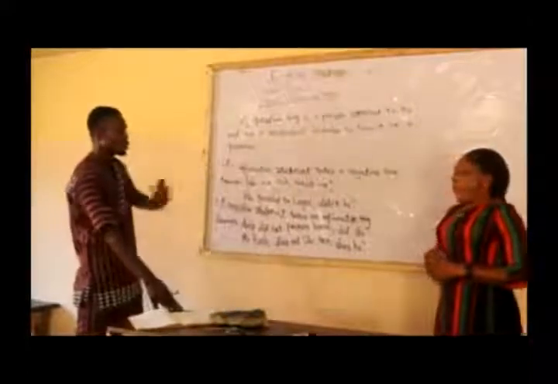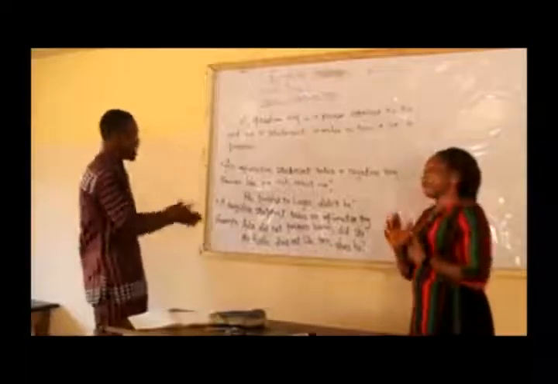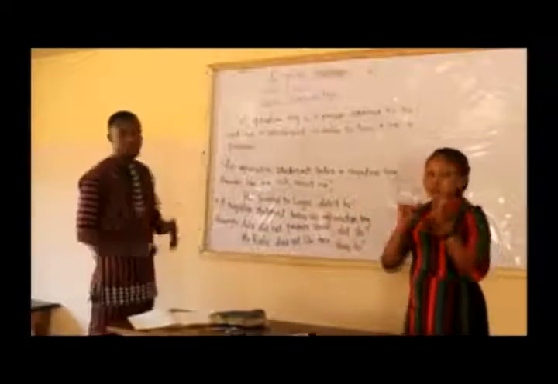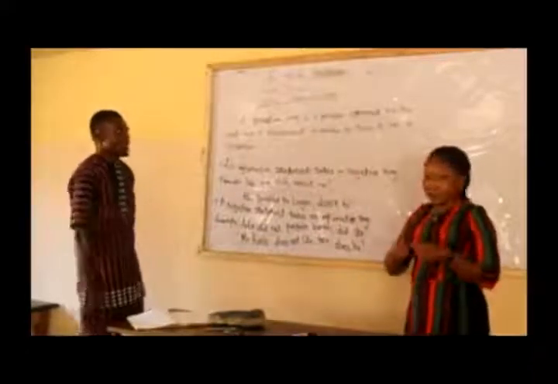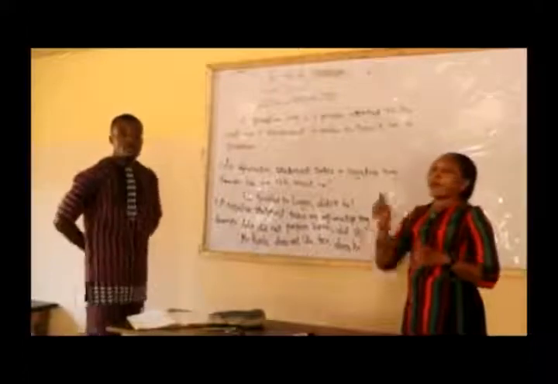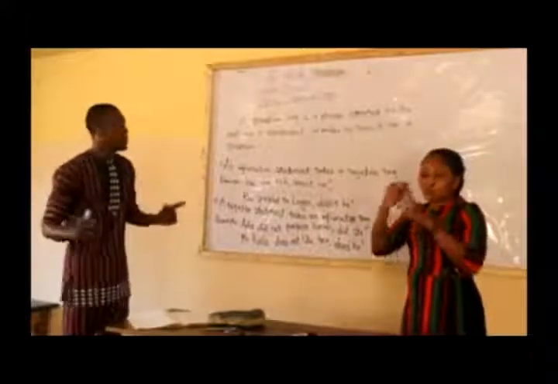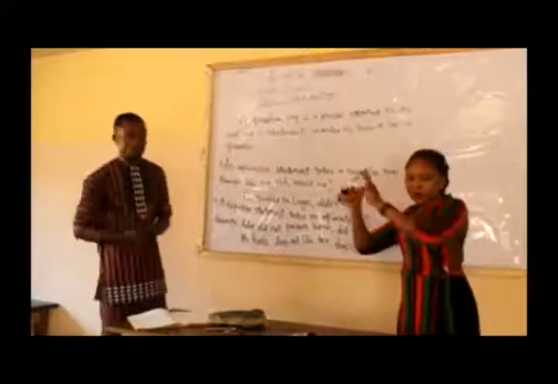Now, so far so good. We thank God. There are some other rules that we are going to look at as we talk about question tags. But remember what we said about the question tag, that it is a short phrase which we attach to an ordinary statement so that we can turn that statement into a question.